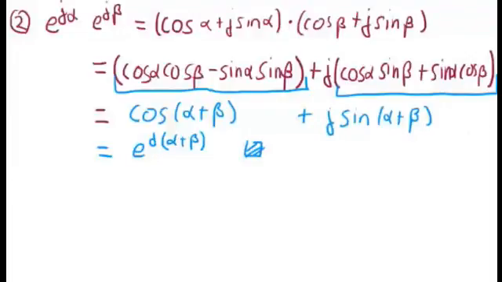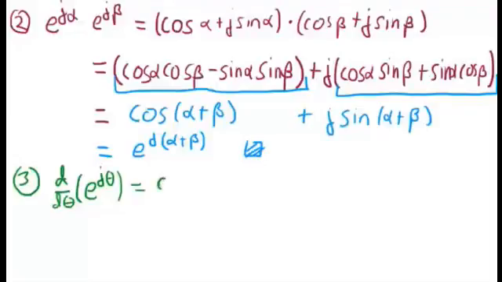We have room now to fit in property 3 on this slide. Property 3 says complex exponentials differentiate correctly. So we have to look at d by d theta of e to the j theta, the left-hand side of that identity. That equals d by d theta of cosine theta plus j sine theta.